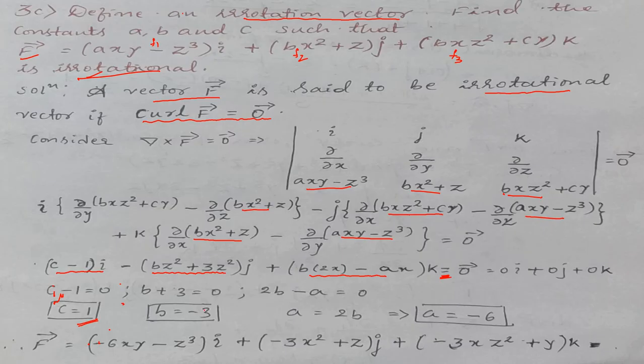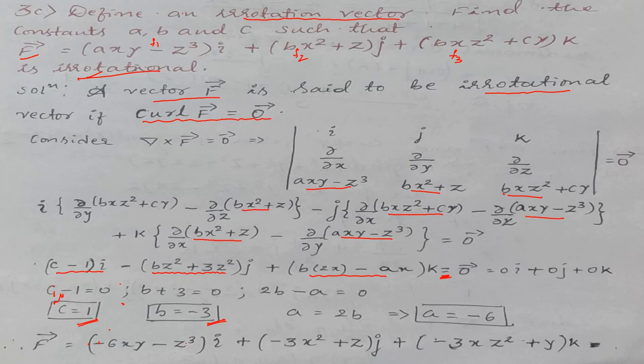Similarly, b plus 3 equal to 0, so I got b as minus 3. 2b minus a equal to 0, so a equal to 2b, therefore a will be equal to minus 6. Now I am going to substitute all these values of a, b, c in the given vector f.